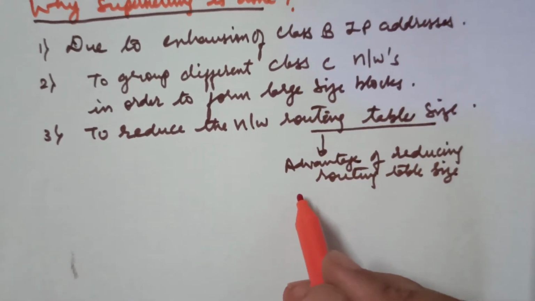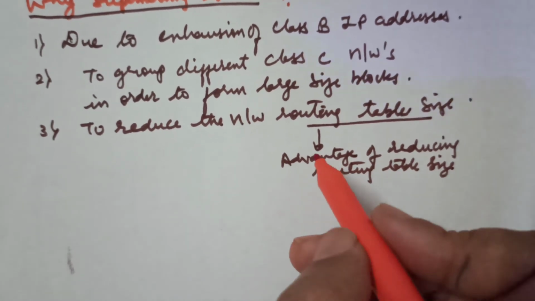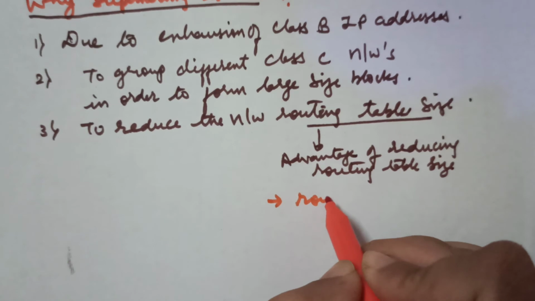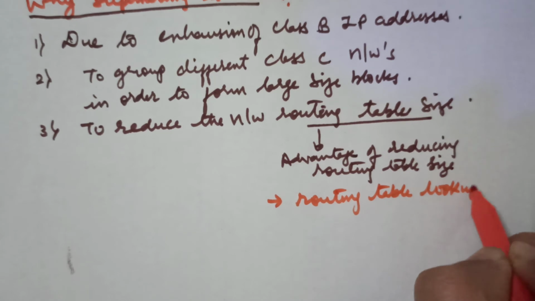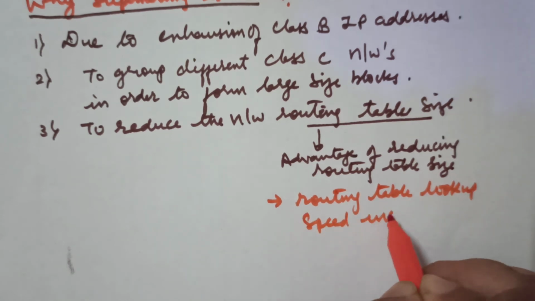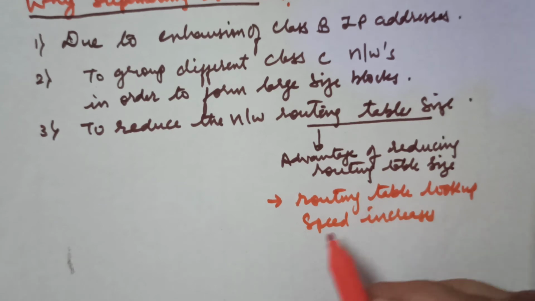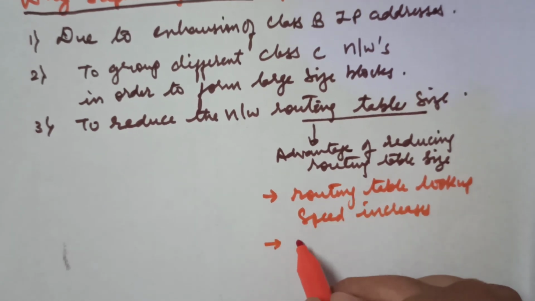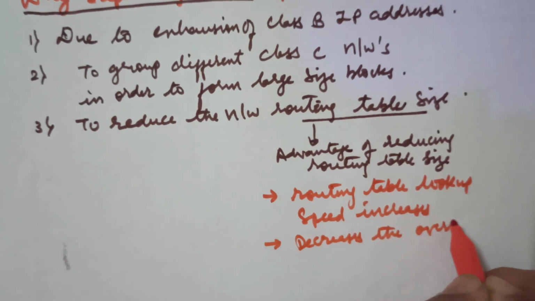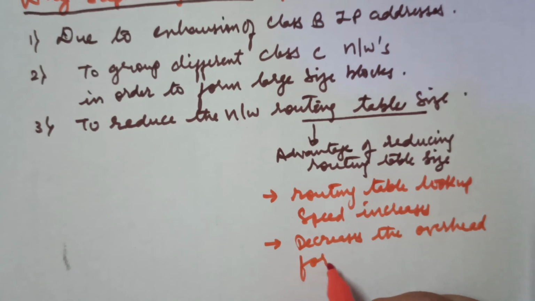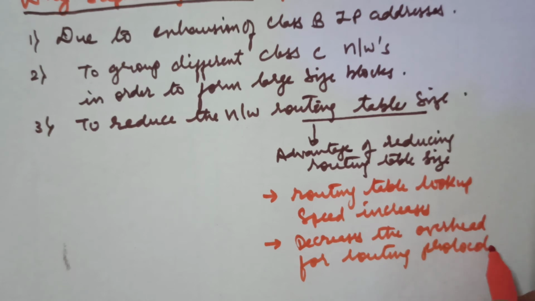Due to the smaller routing table size, the routing table lookup speed increases, and it decreases the overhead for routing protocols, as there are very few entries in the routing table and very few entries required to be advertised.